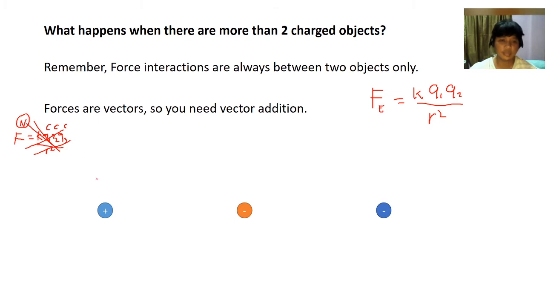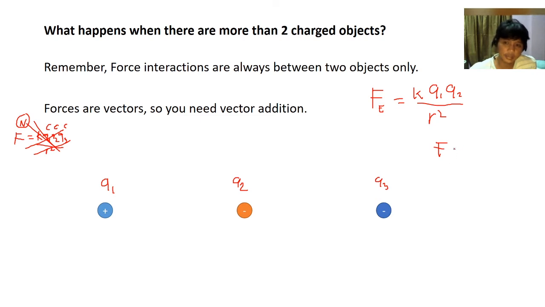So actually, what happens when you have three charged particles? You can only evaluate the three of them by looking at each possible pair, trying to figure out what happens between each pair. If we call this leftmost charge Q1, this middle charge Q2, and this rightmost charge Q3, we can only really talk about the three different forces that exist.